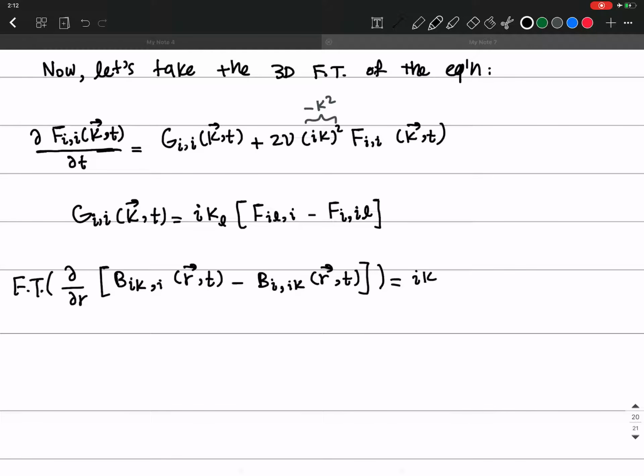So this will further simplify our equations. Let me make sure. So we have il, i and li.